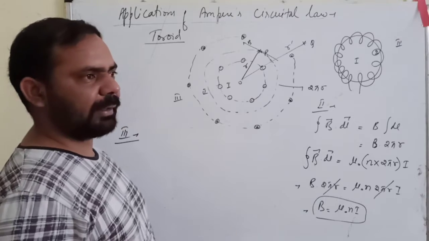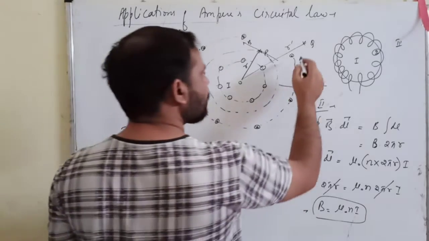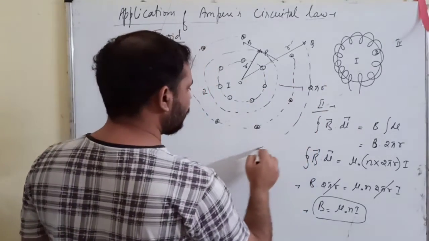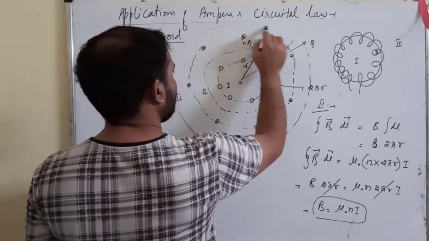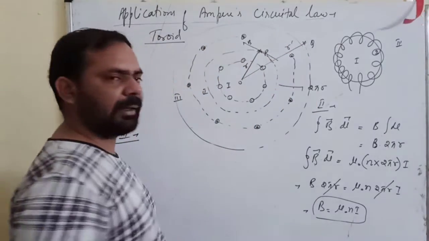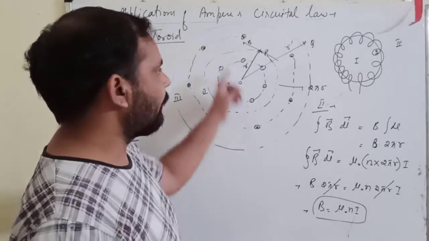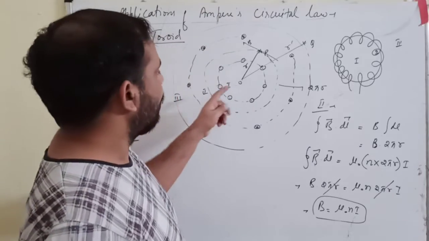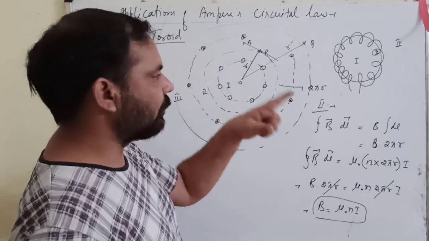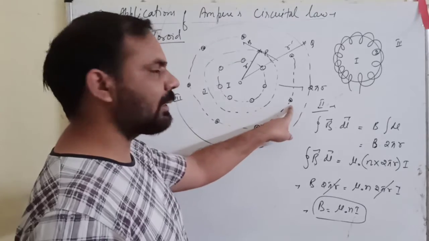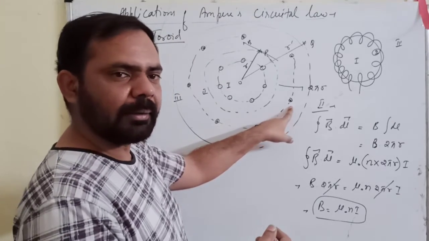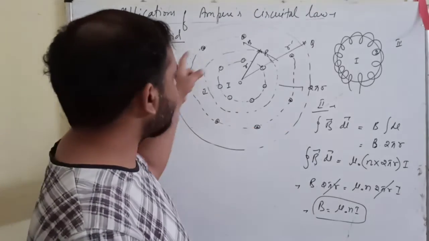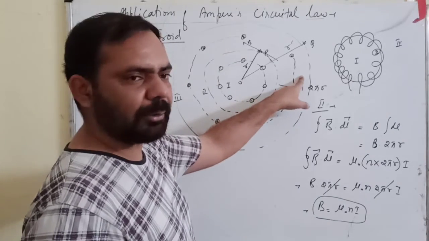Then I want to find out how much the magnetic field is at Q. For that I will draw a loop through Q in such a way that the radius of the loop is r dash. Now you look at the loop, right? Whatever current is coming out, the same amount of current is going in. So how much is the total current which is crossing the loop?